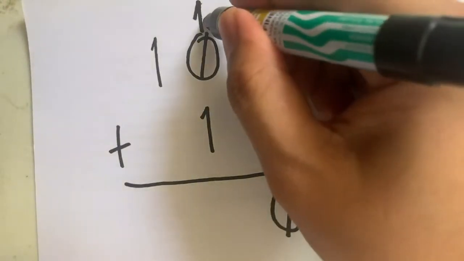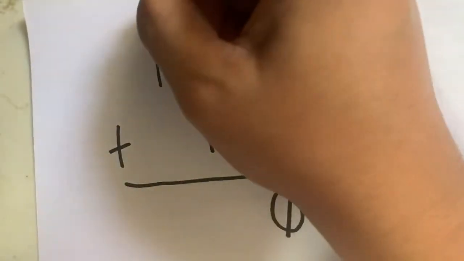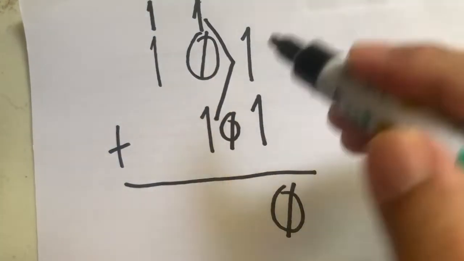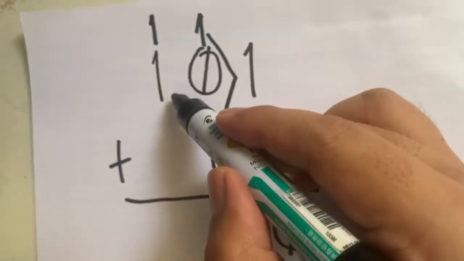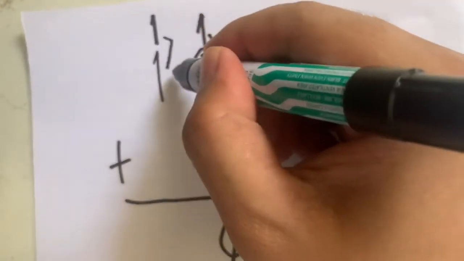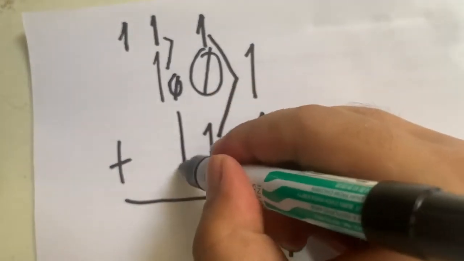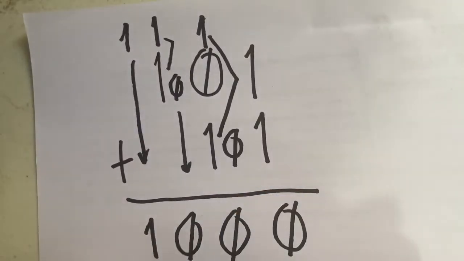This is one pair of 1 and 1, so that is 0, carry 1. Then we add 0 plus 0, we have 0. We have another pair of 1 and 1, so that is another 0, then carry 1. Then we bring down 0, we bring down 1. So the answer is 1000.